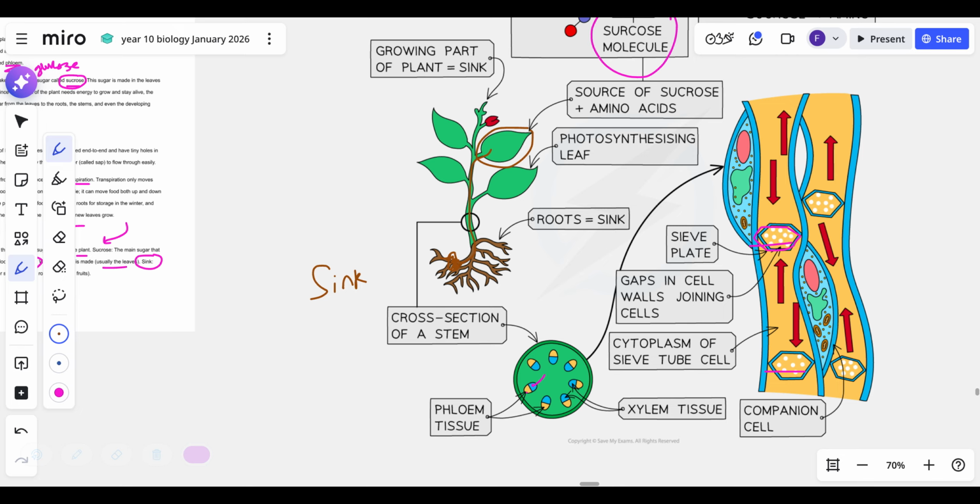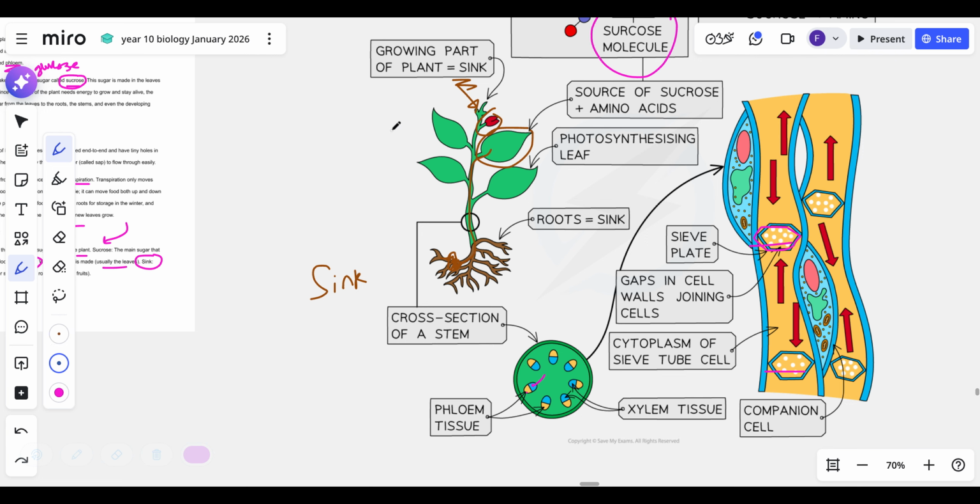Another sink, which is even more interesting, is a growing flower or a shoot tip. It's growing. It needs glucose or sucrose. So this is also a sink. And if you notice very carefully, the sink can be in two opposite directions. With transpiration, water only moves from the roots upwards. Now I'm going to change colour for transpiration.